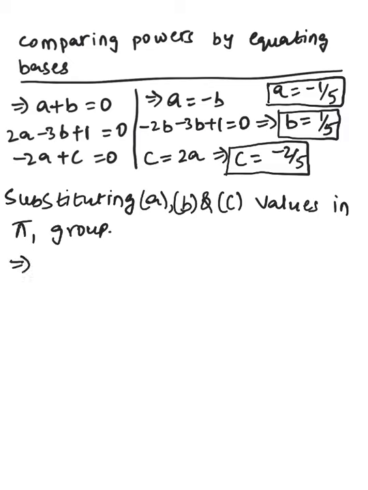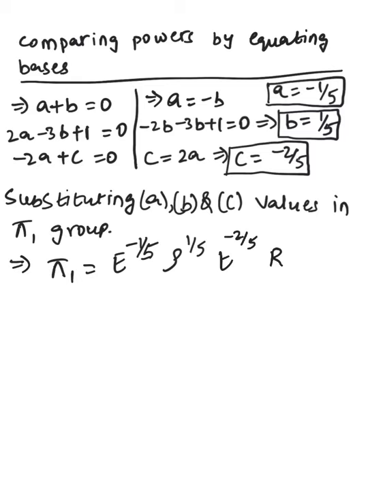we can write π1 is equal to E raised to the power of a, which is minus 1 by 5, ρ to the power of b, which is 1 by 5, and t to the power of c, which is minus 2 by 5, and finally r raised to the power of 1. Let's leave it like that.